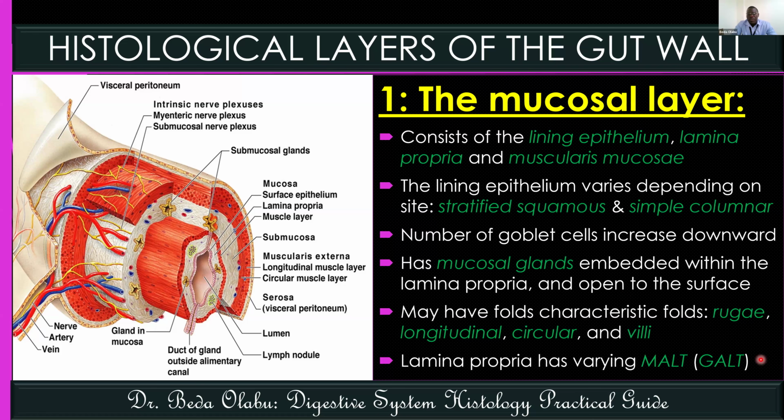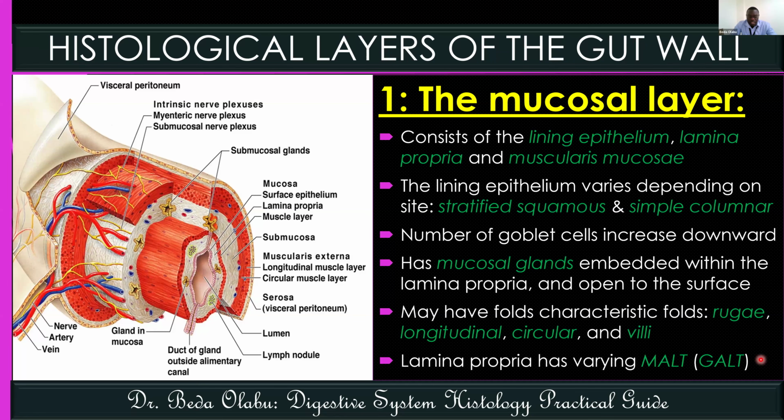One last thing on the mucosa is that the lamina propria of the GIT may contain regions where we have aggregation of lymphoid tissue. Usually they'll not be encapsulated. If their boundaries are not very distinct, then we call them diffuse lymphatic tissue.